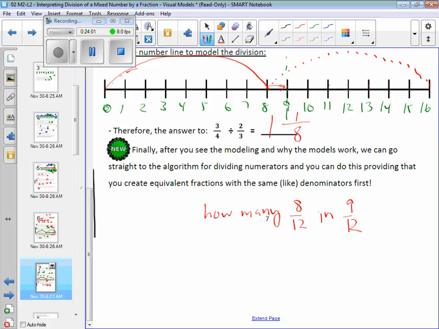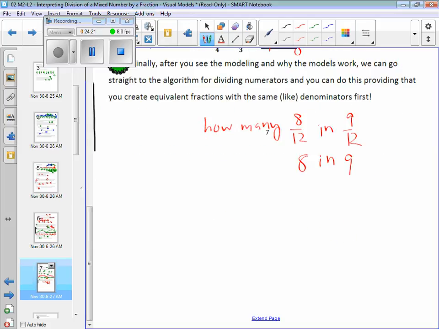Are we okay with saying that the same as how many 8/12ths and 9/12ths is really how many 8 and 9? Or does that throw you for a loop? Who's in the house? Who's outside the house? Joe. Who's out?